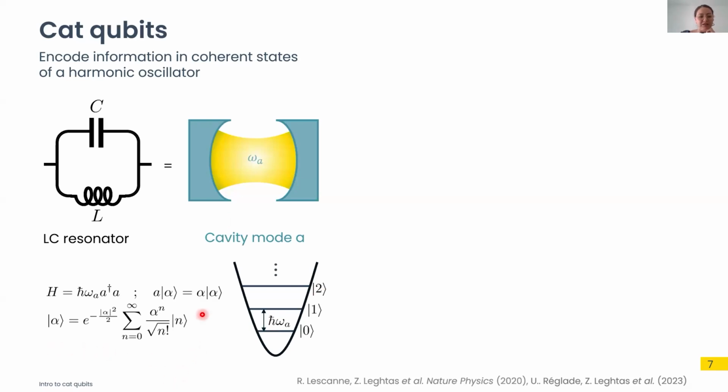So if you're not familiar, they're a sum of Fock states, and there's a Poissonian distribution in them. And then if you want the physical explanation, basically these were created because they're very close to a classical state produced in a cavity mode. So if you drive a cavity mode with a classical tone, it's going to directly create a coherent state. So these are actually experimentally easier to create and to deal with than Fock states.